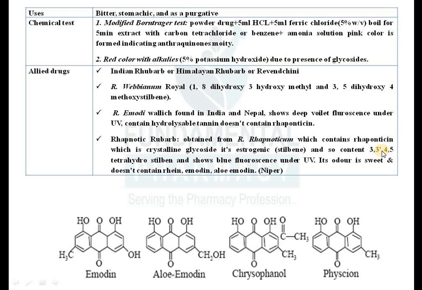So that's why it is estrogenic. Which one is estrogenic? Rhaponticin. So what does rhapontic rhubarb contain? A glycoside named rhaponticin, and that is acting as an estrogenic. It acts like the stilbene ring. Okay, this was asked once. Rhapontic rhubarb consists of rhaponticin and that is estrogenic in nature.